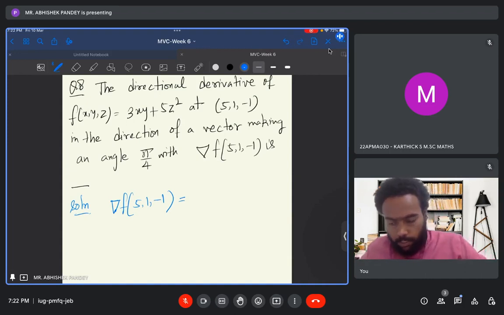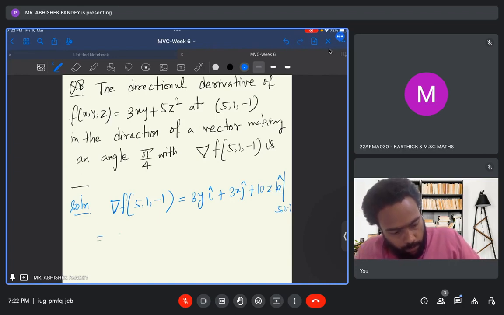So the gradient will be 3y i cap plus 3x j cap plus 10z k cap. Okay, at the point 5, 1 and minus 1, you will get 3i cap plus 15j cap minus 10k cap.